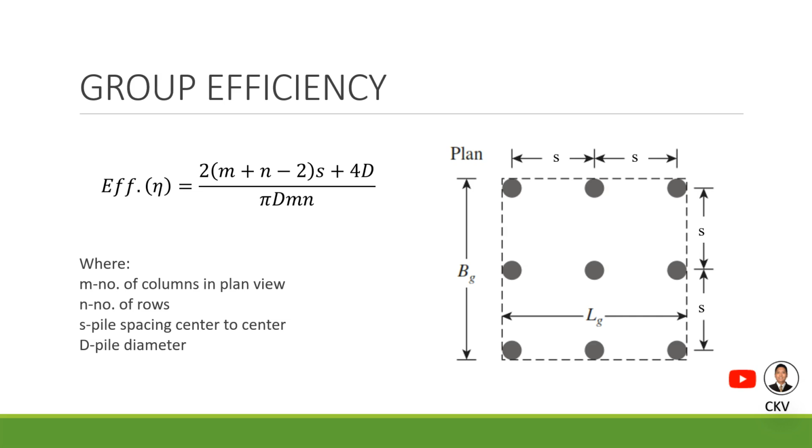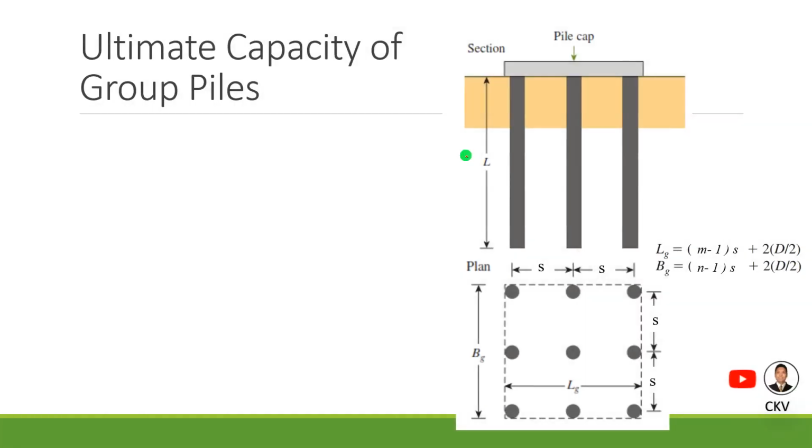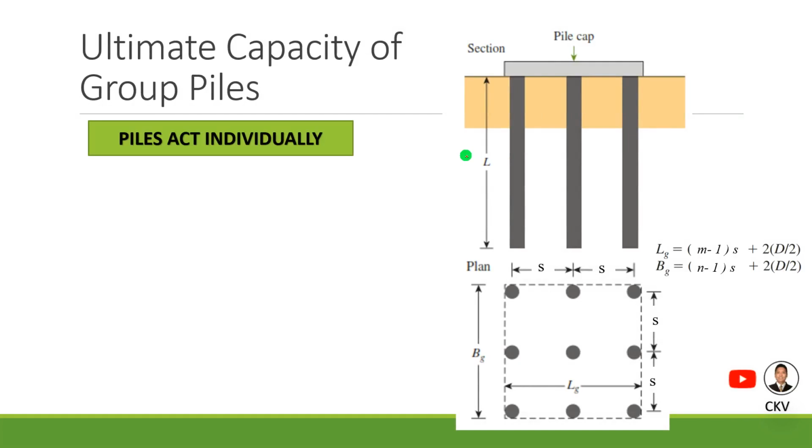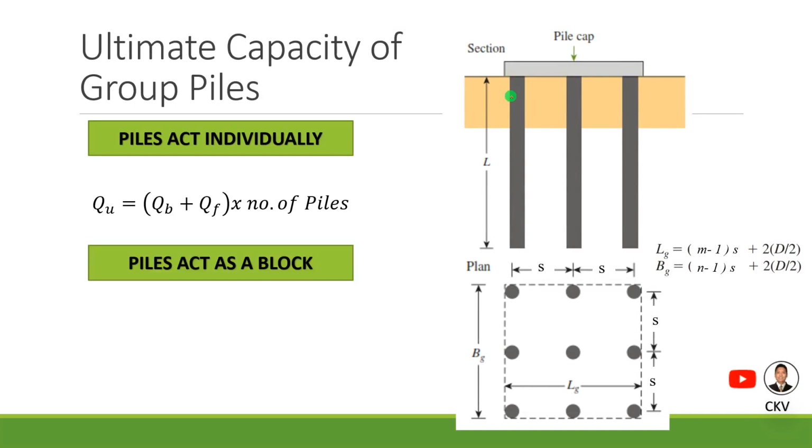Now, in order to compute the ultimate bearing capacity for a group of piles, we have 2 cases. The first one, if the piles act individually, we can simply solve the ultimate bearing capacity of group piles by determining the ultimate bearing capacity of a single pile.